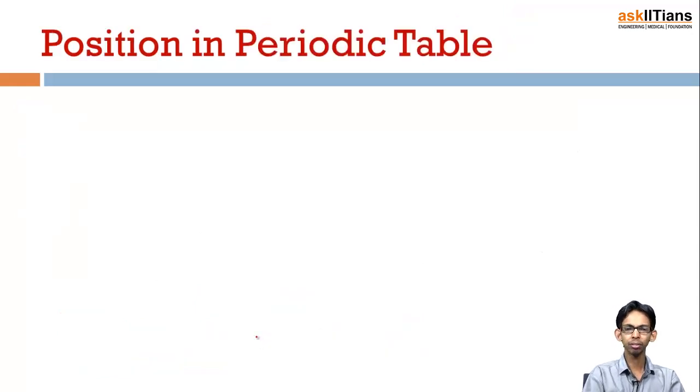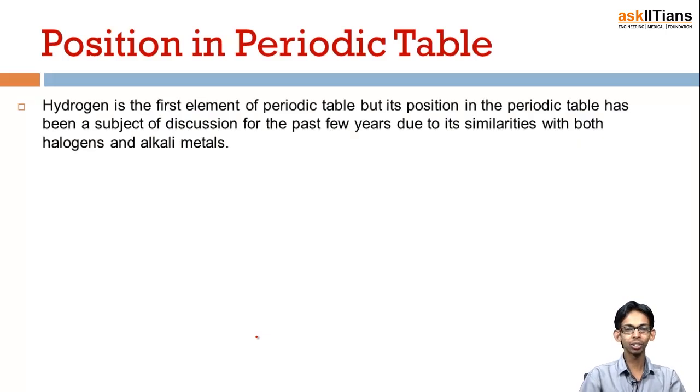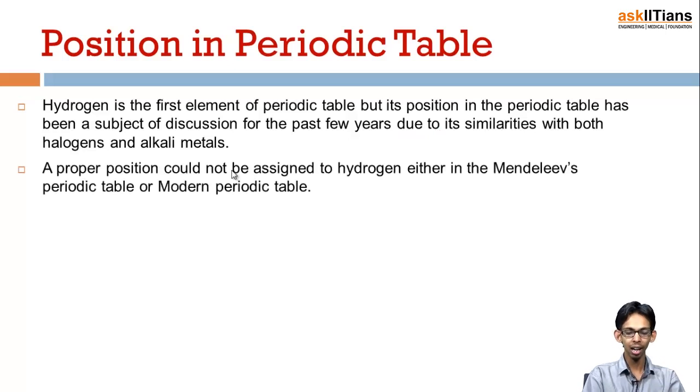Now the position of hydrogen in the periodic table is a main concern, because we are not able to specify any specific position for hydrogen, as its properties are similar to alkali metals, group 1, as well as those of halogens, group 17. Hydrogen is the first element of the periodic table, but its position has been a subject of discussion for the past few years due to its similarity with both halogens and alkali metals.